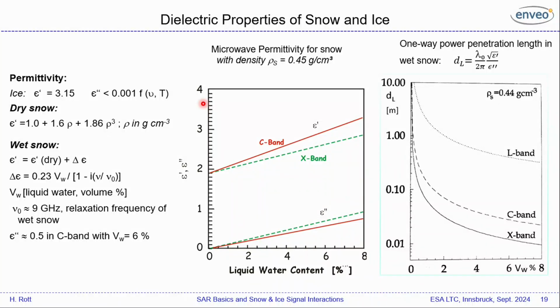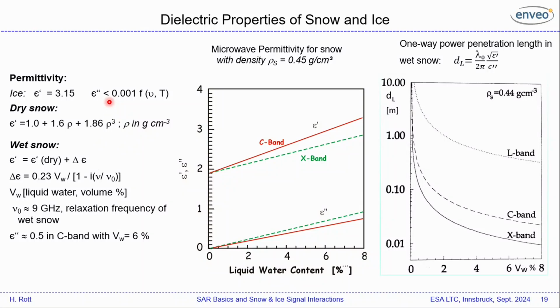Now it's time to go on to the snow and ice topic. Now the permittivity of snow and ice, if it's dry, has a close to linear relation, which is written down here. And this is the real part of the permittivity.